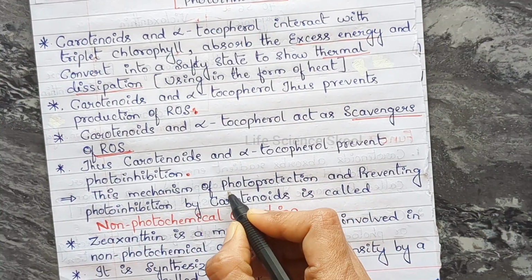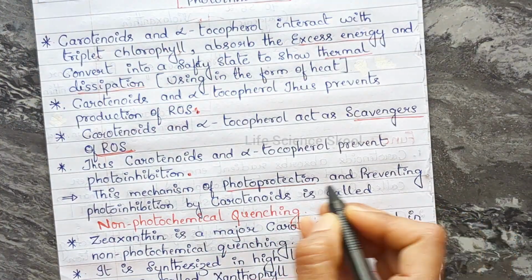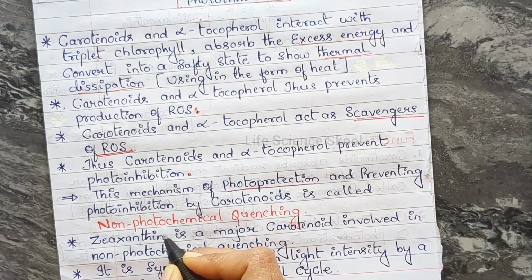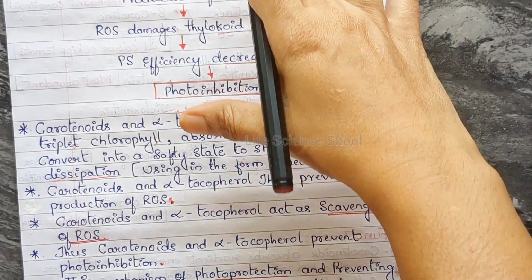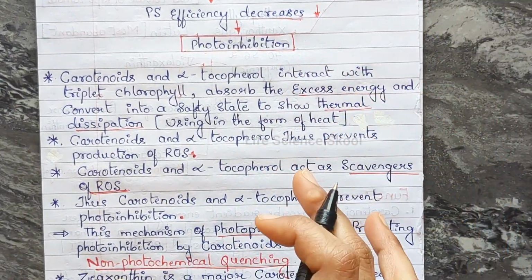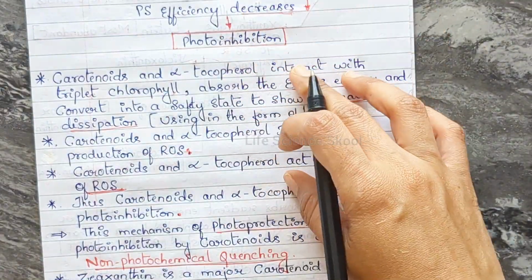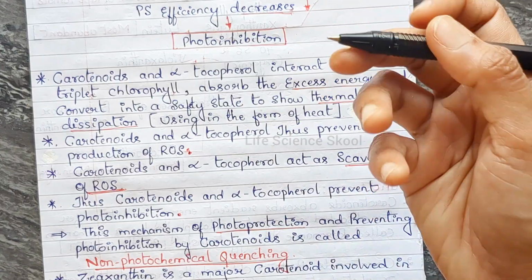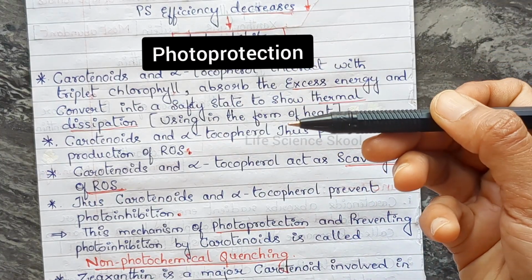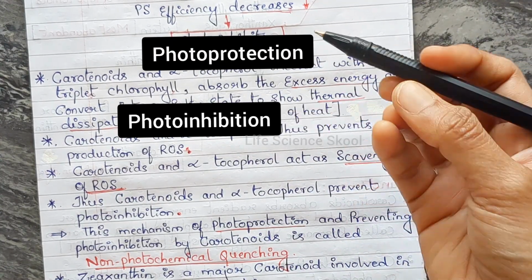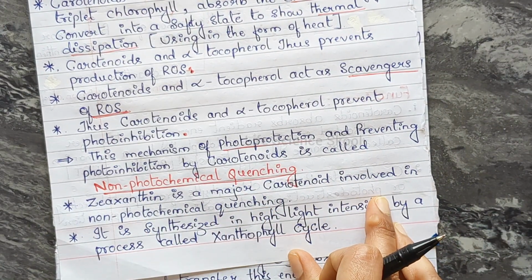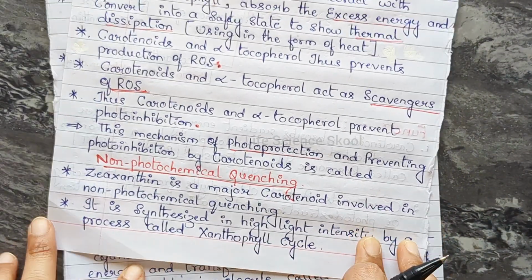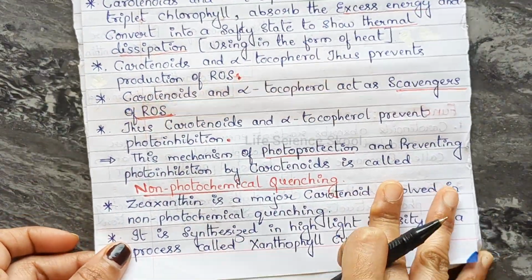This mechanism of photoprotection and preventing photoinhibition by carotenoids and alpha tocopherol is called non-photochemical quenching. And moving on to the next important point, zeaxanthin.